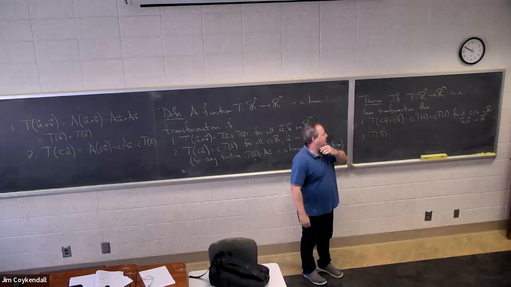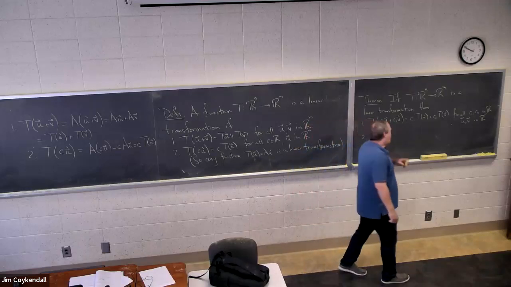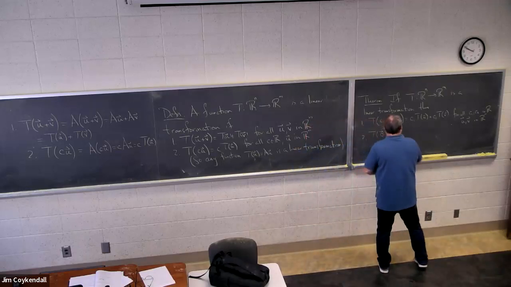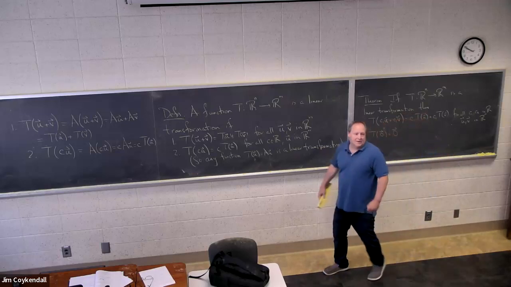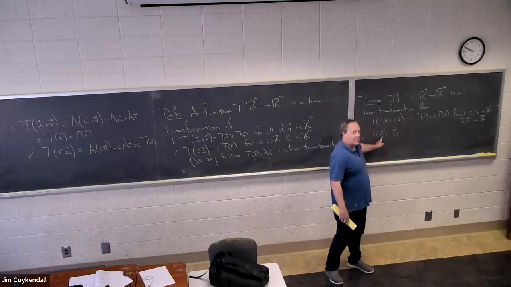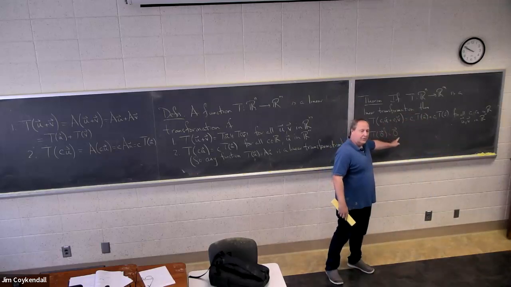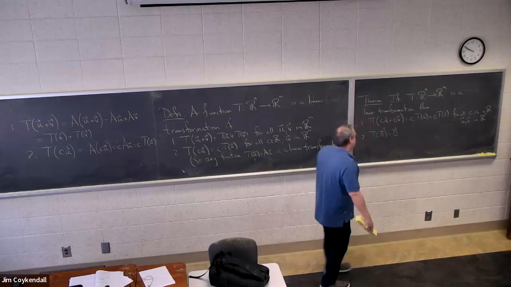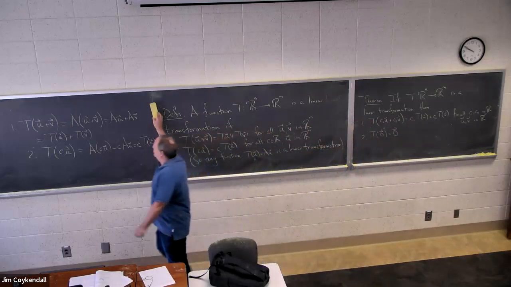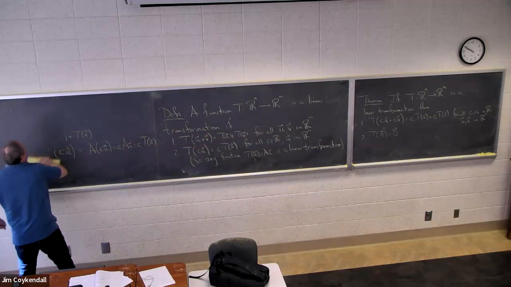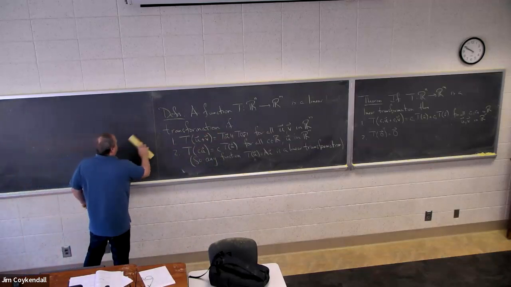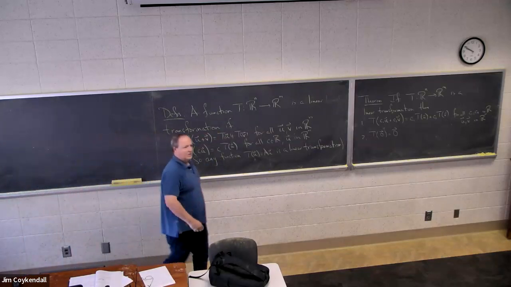What happens when I plug in the zero vector to a linear transformation? You always get the zero vector. Notice this is a zero vector in R^n, and this is a zero vector in R^m. They might be different sizes, but they're both zero vectors. Is it clear on this?